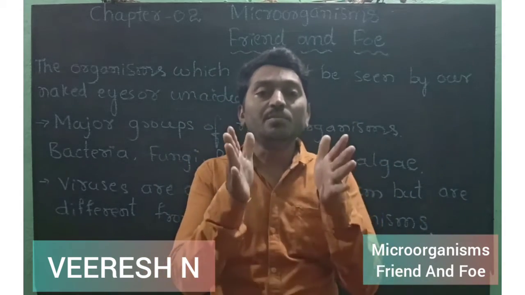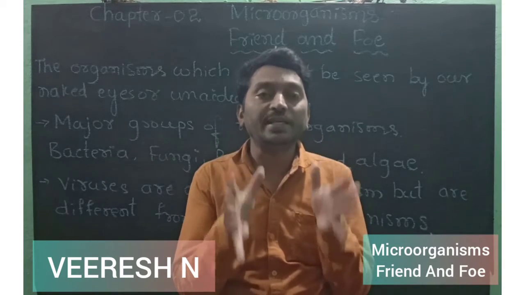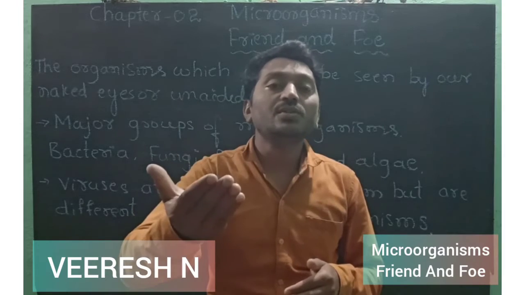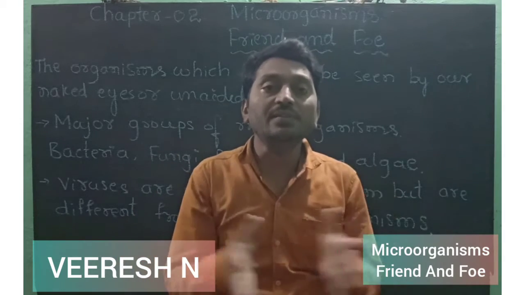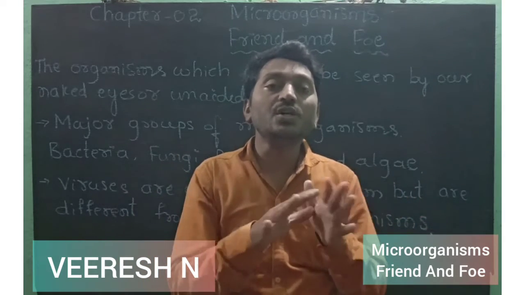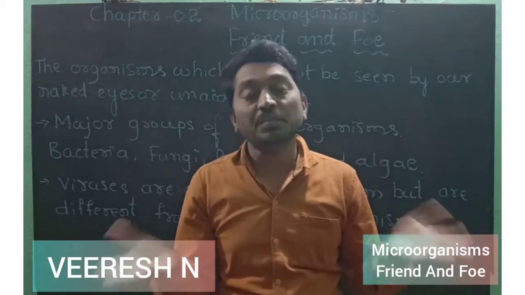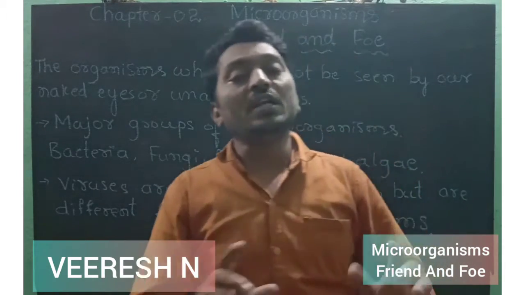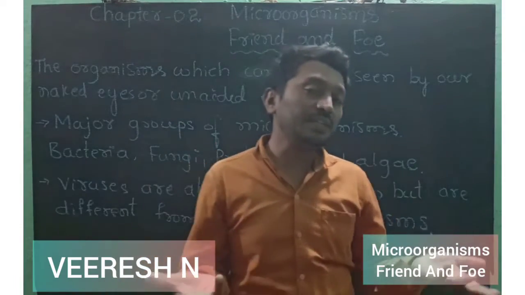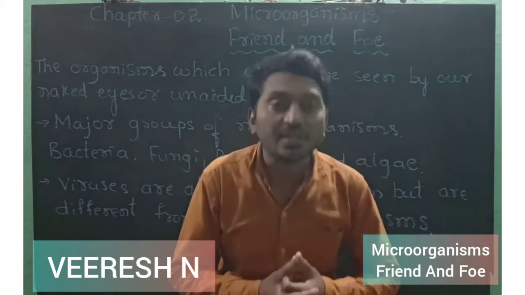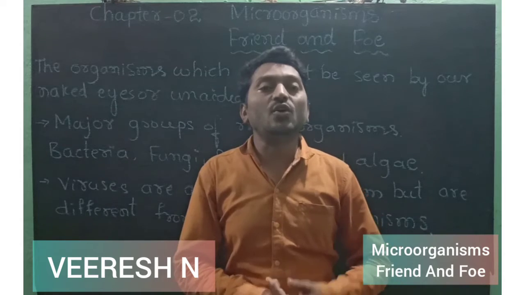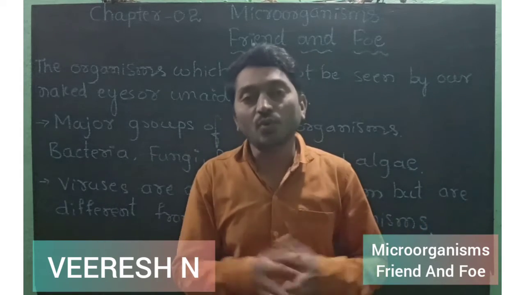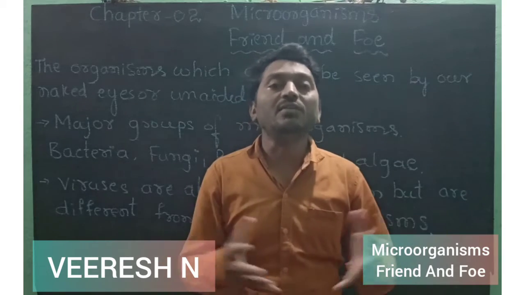Here we have to notice that some things have life and some things do not have life, which we call living things and non-living things. What are living things and what are non-living things? The things which have life are called living things, and the things which do not have their own life are called non-living things.